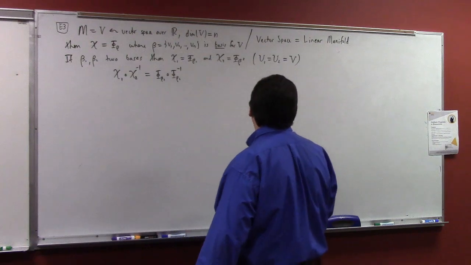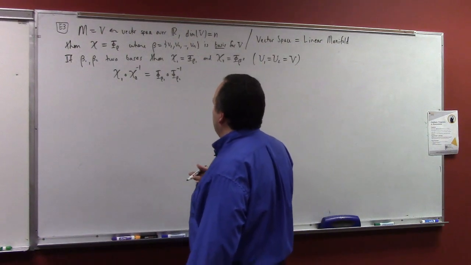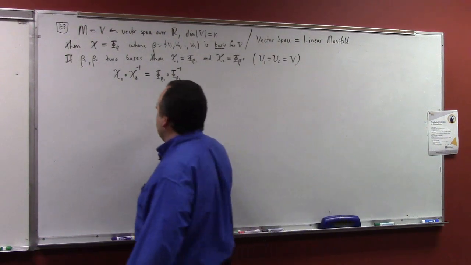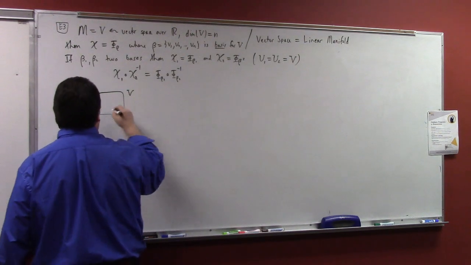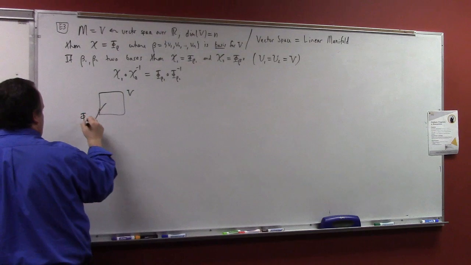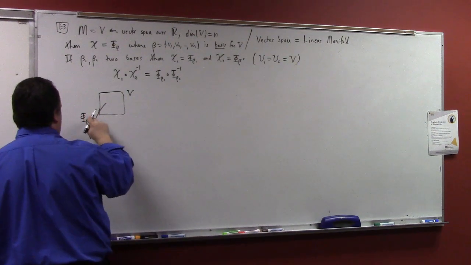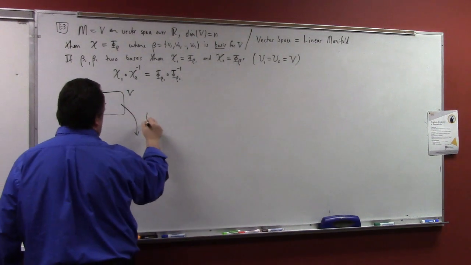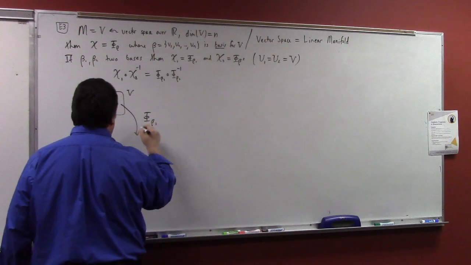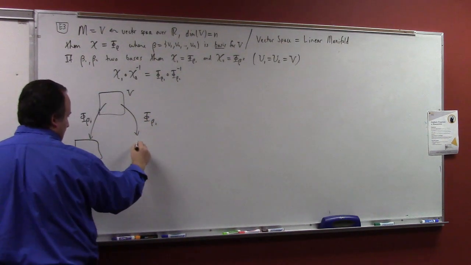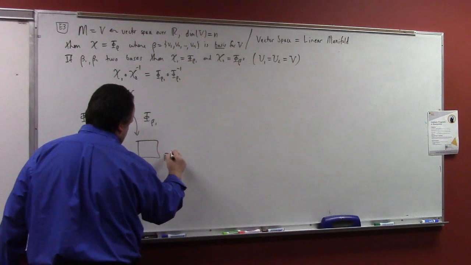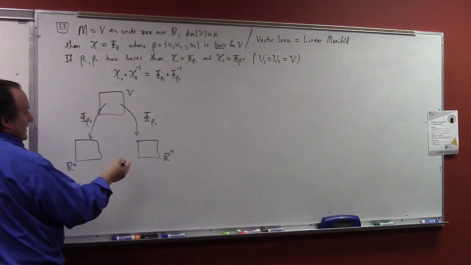I think the picture to have in mind here is that if we've got the vector space V, you've got phi beta 1, phi beta 2, you've got yourself R^n, and another R^n down here. That's how I think of it anyway.